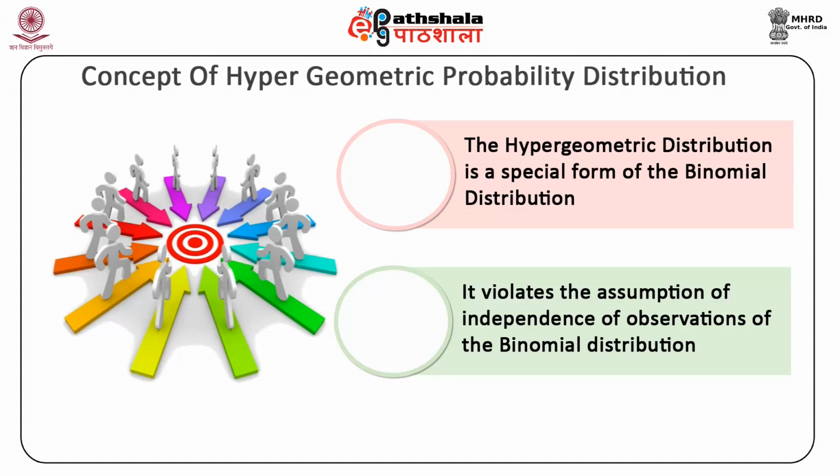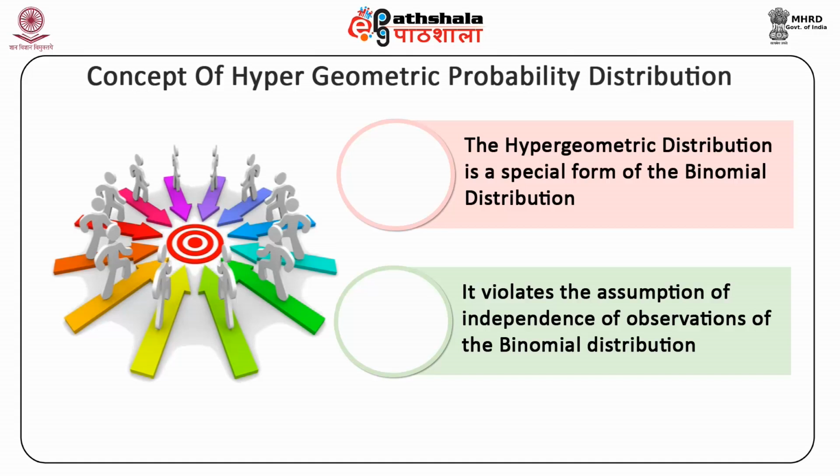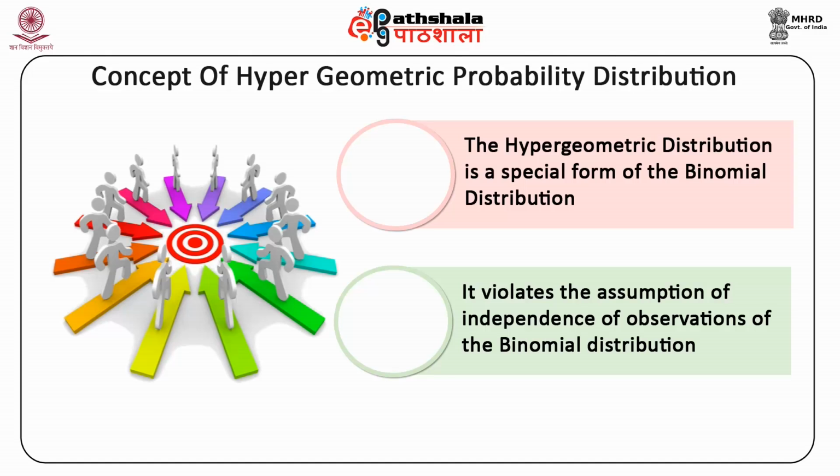In the hypergeometric experiment we discussed above, the probability of selecting a red marble is 5 by 10 in the first draw. If we get a red marble on the first draw, the probability of selecting a red marble on the second draw is 4 by 9.